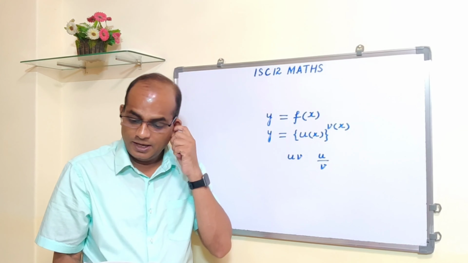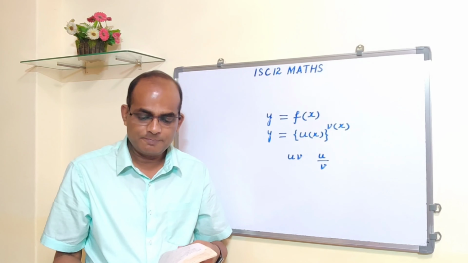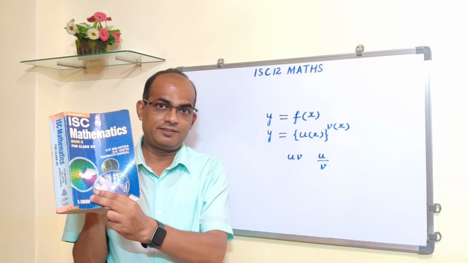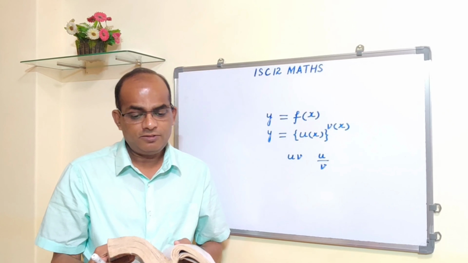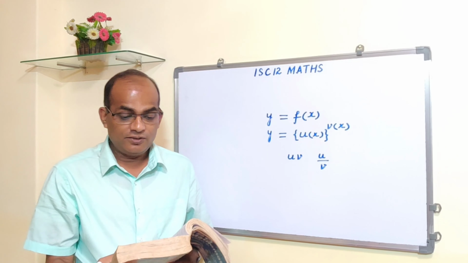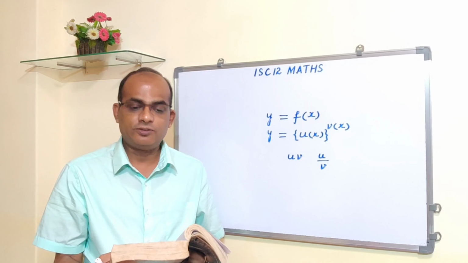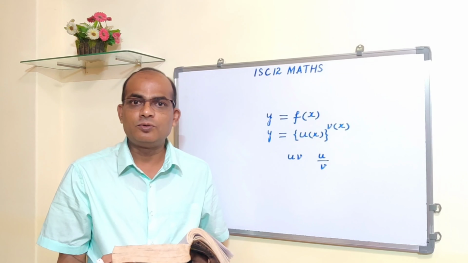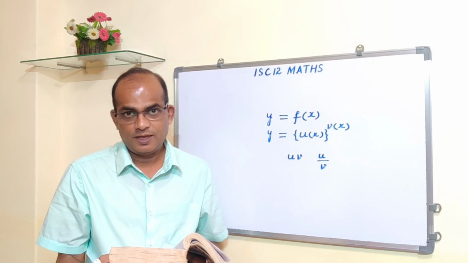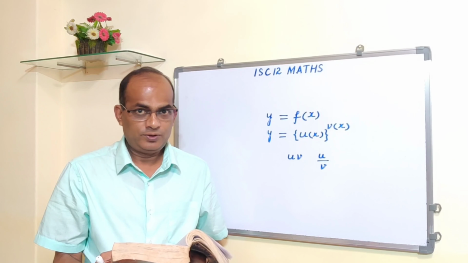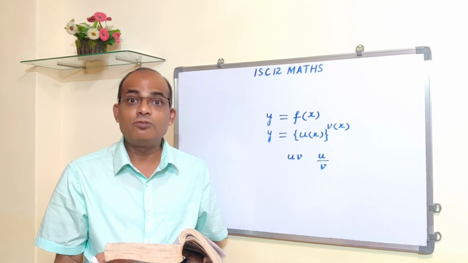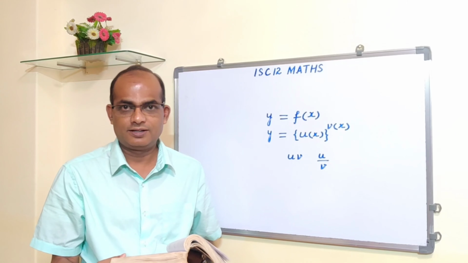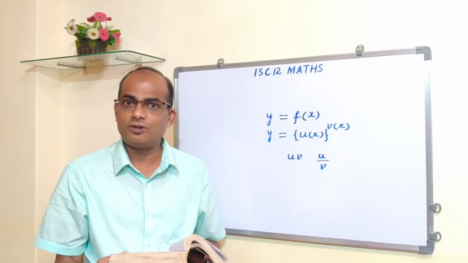For example, in this exercise, in this ISC mathematics book, the first question is (x square plus 2) whole raised to the power 3 into (1 minus x cube) whole raised to the power 4. We are going to take log on both the sides, but if you don't take log, you will also get the answer. It's not very easy, but not very difficult.